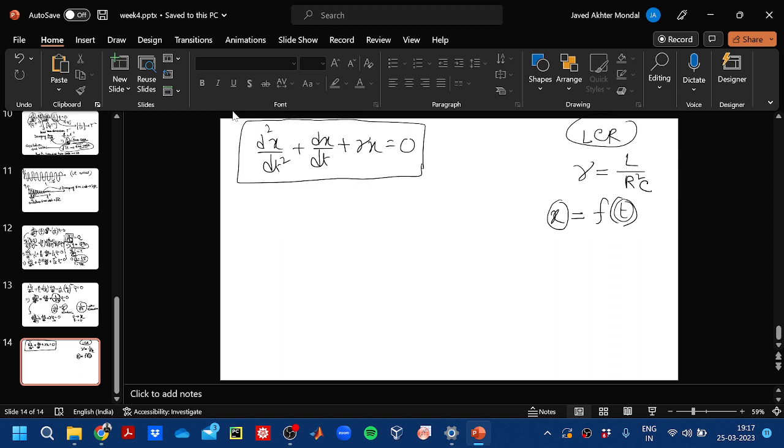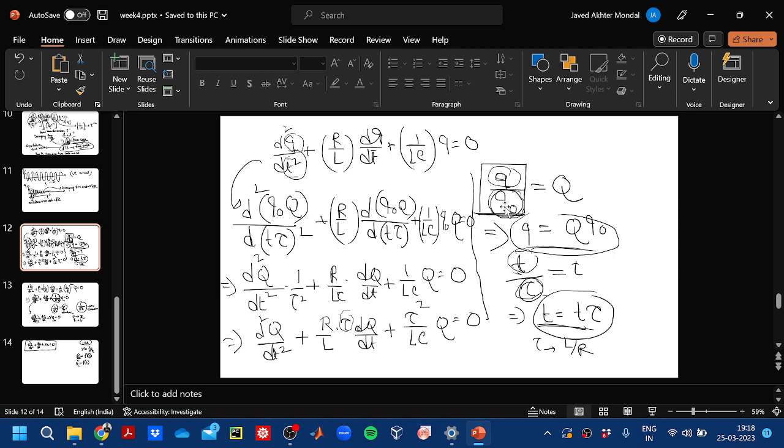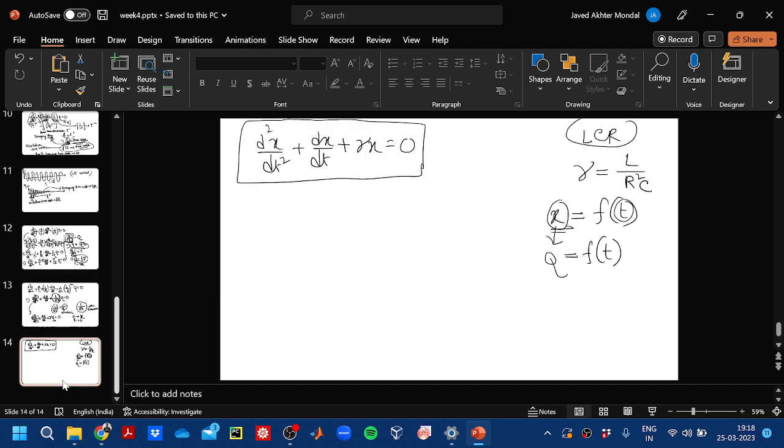So from this form, if we want to go back to our original form, how will we do that? Now we have to do the reverse way. We have replaced q with x, so q will be a function of time, and from the dimension analysis, we have q by q0 as capital Q, so we have to replace that. So capital Q we can replace as q by q0, and this t is t bar divided by tau.